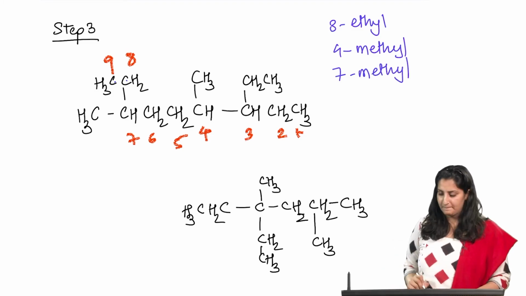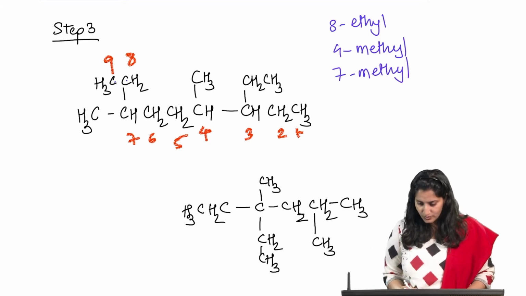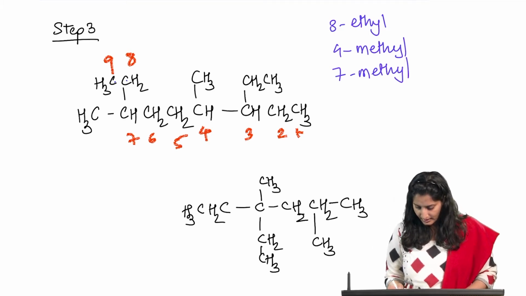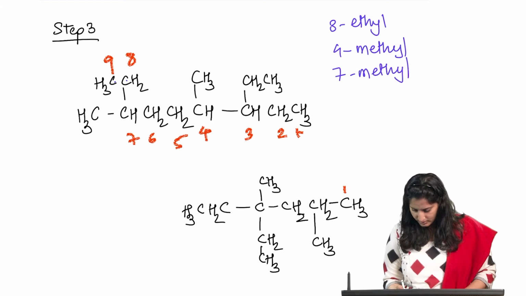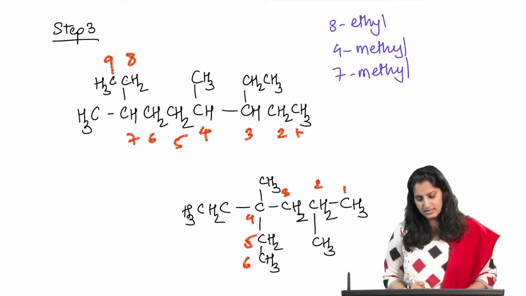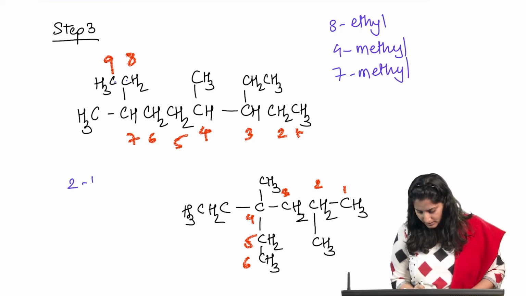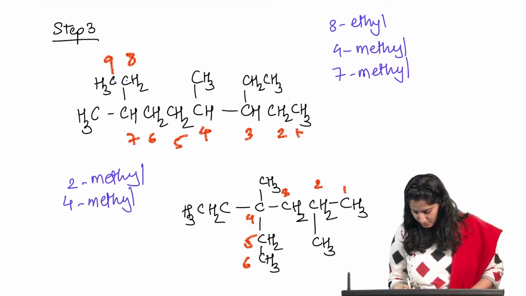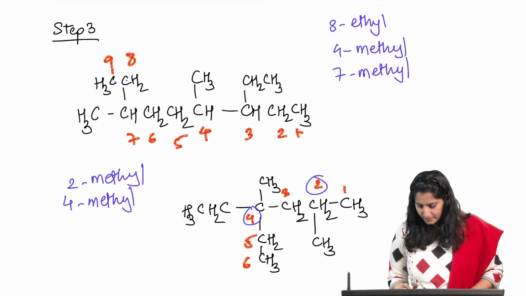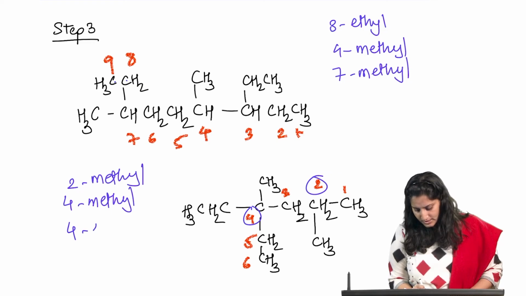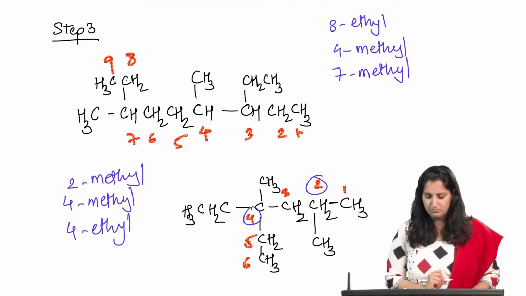Is it good? Okay. Now, let us try to do this one here. I have 1, 2, 3, 4, 5, 6 as the longest continuous chain. Now, in this case you have a 2 methyl group, you have a methyl group at position number 4, right, and then there is also an ethyl group on the same carbon, which is carbon number 4.